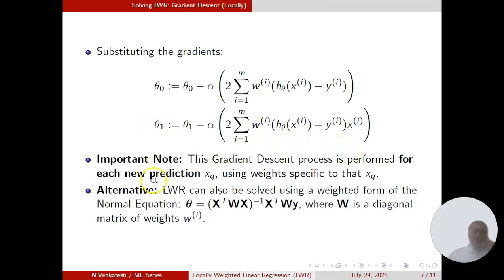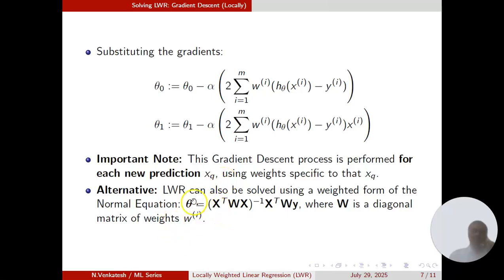An important point is that the gradient descent process is performed for each new prediction point. For each new prediction point, this theta naught and theta 1 has to be calculated. An alternative method we can use is the normal equation method.